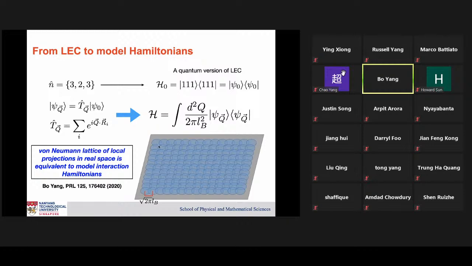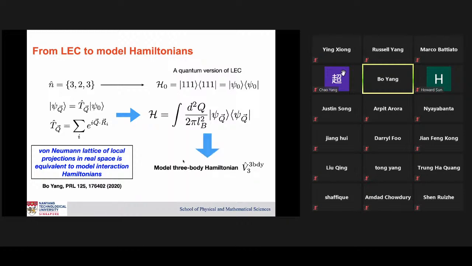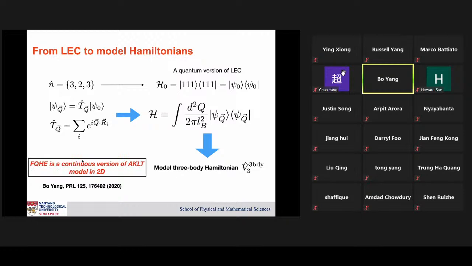When they involve more than one particle, one can prove analytically this is equivalent to an interaction Hamiltonian coming from, for example, Coulomb interactions or some special interactions. But really, you can map a fractional quantum Hall effect into a continuous version of the AKLT model, where you have a summation of projection operators in real space in a frustration-free manner.